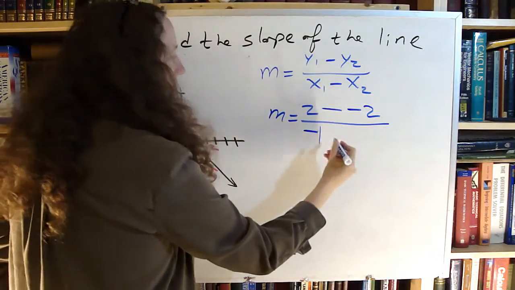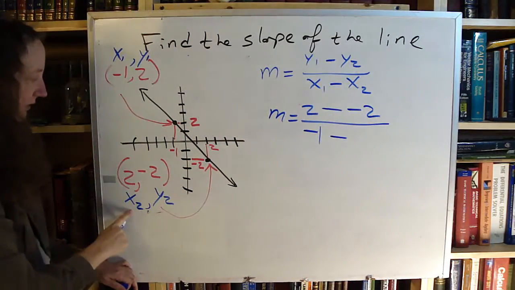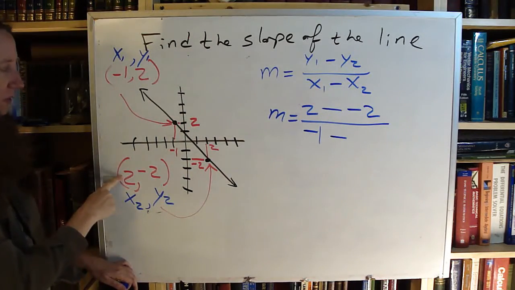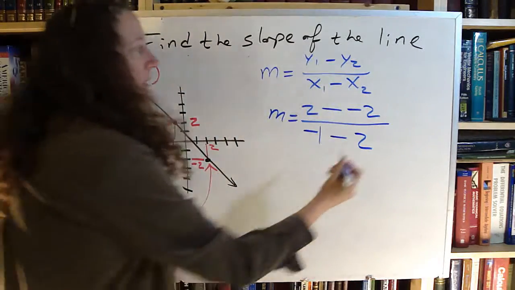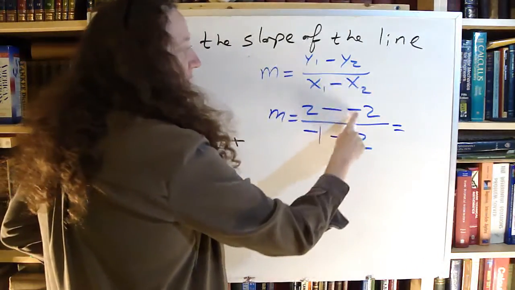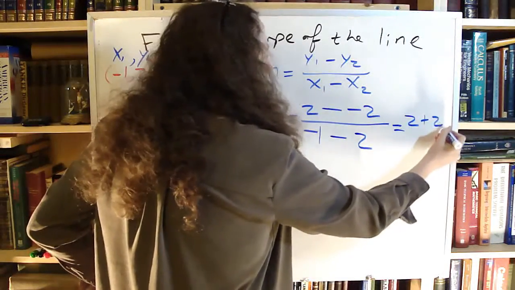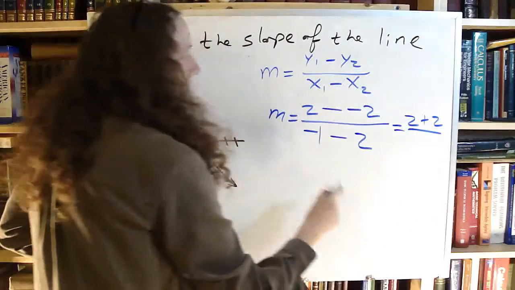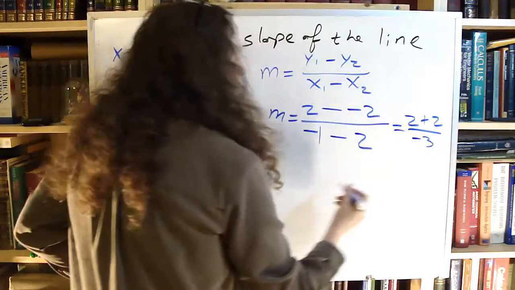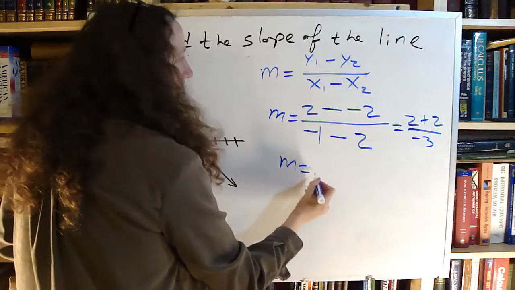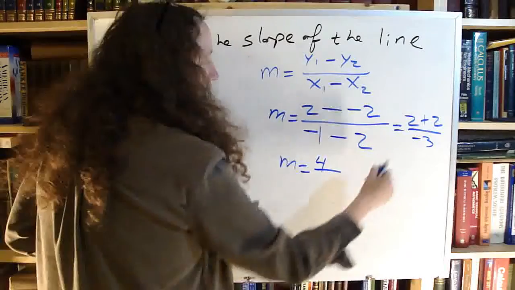Minus sign, x2, find x2, it's 2. I'm going to change this minus and negative into a plus. So I have 2 plus 2 over -1 minus 2. So my slope is 2 plus 2 is 4 over -3.